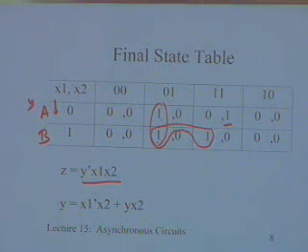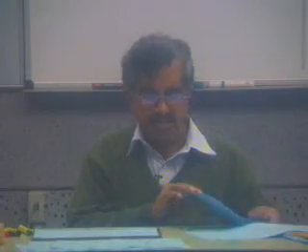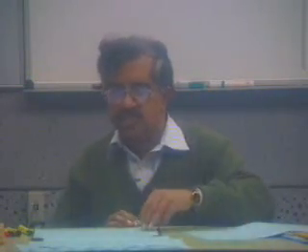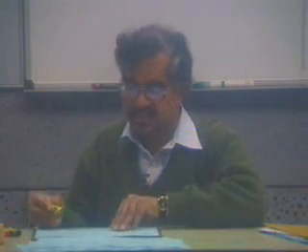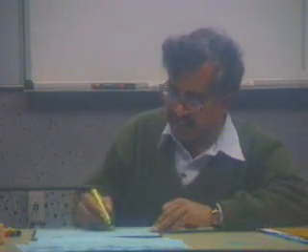Now let us see whether this circuit actually functions the way we want. So I will show a diagram of this. What we have over here is this particular table that generates a synchronous sequential circuit, and these are the equations that we had.